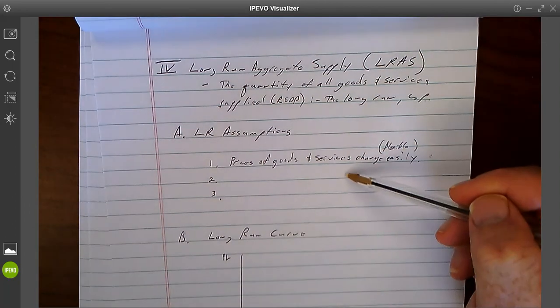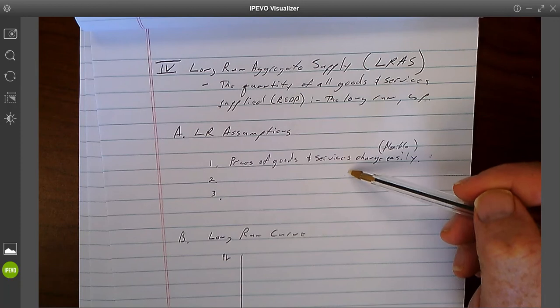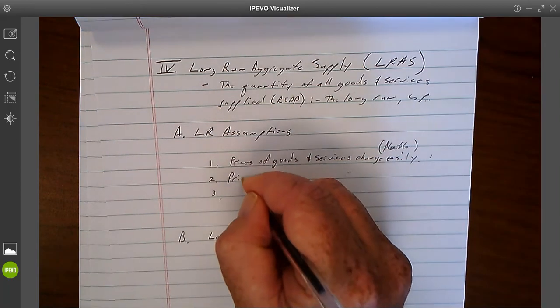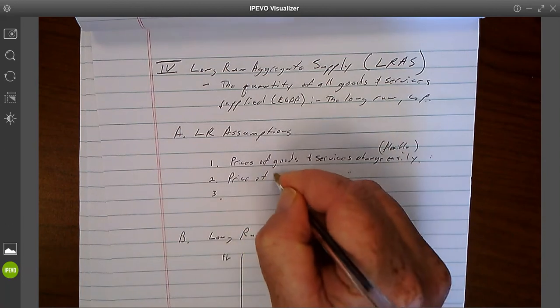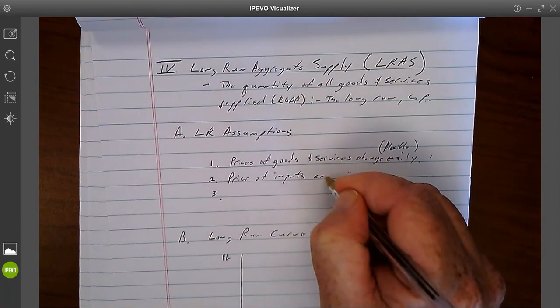What was our second assumption in the short run? Do you remember? Our second assumption in the short run was the price of inputs are fixed, if you recall. Well, that's going to be the distinguishing feature between the short run and the long run. In the long run, the price of inputs can change.